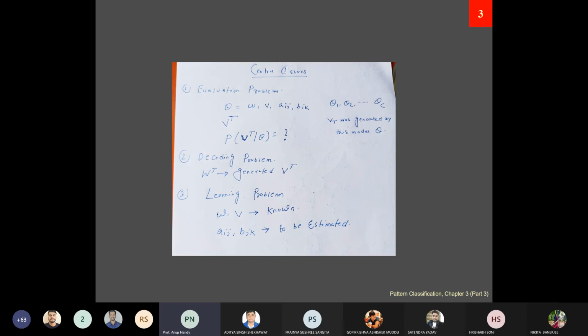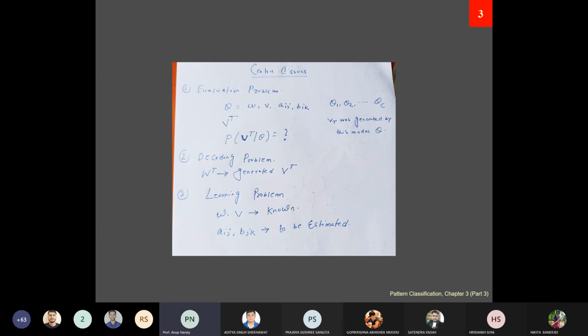Sometimes we use this term: what is the most likely hidden sequence, or you can say in this way, what is the most likely observation sequence generated from the given hidden states. So the most likelihood term is there, and you have to apply the most likelihood probability for generating the observation sequence given these hidden states.